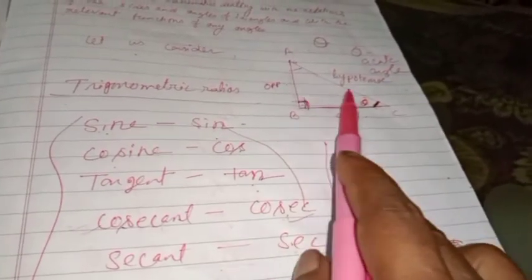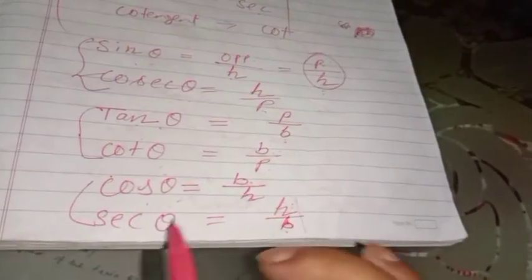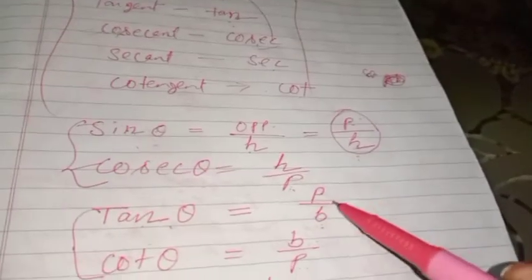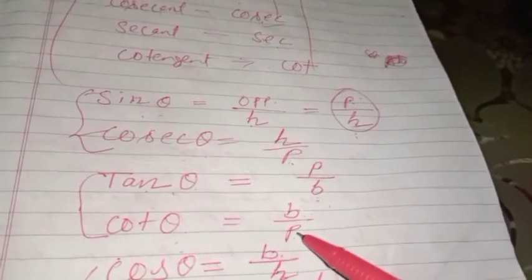Cos of angle theta is the side including this angle, other than the hypotenuse, this one, that is base by hypotenuse. That is why it is B by H. Then the reciprocal of cos is sec. So sec of angle theta is H by B. Now tan of angle theta is P by B, and cot of angle theta is the reciprocal of tan, so B by P. Understood?